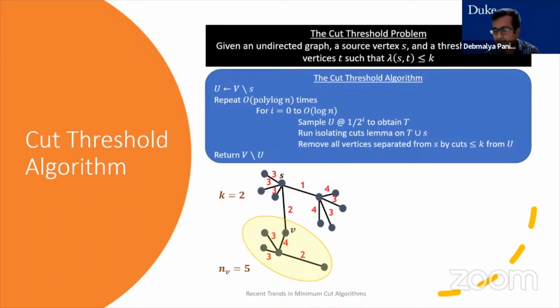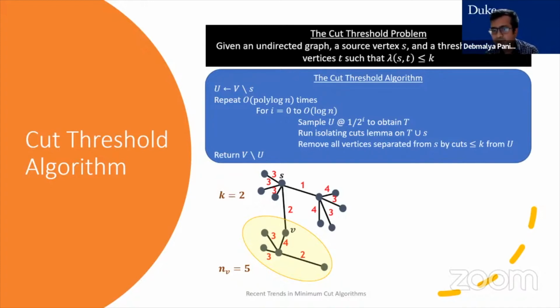So U starts off with everything. Every time I realize that some vertex has connectivity less than k from s, I remove it from U. That will be the way the algorithm proceeds. Now I repeat the whole thing polylog n times. This is just to boost the probability of success. So ignore this outer loop, it's not so important.